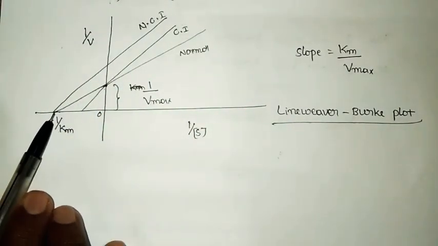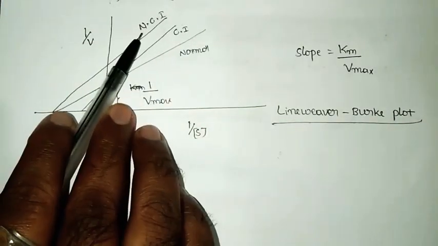The value of minus 1 by Km will remain the same as that of normal.